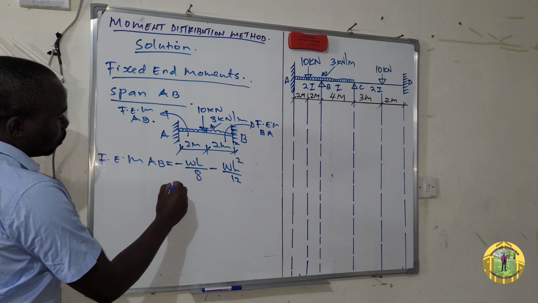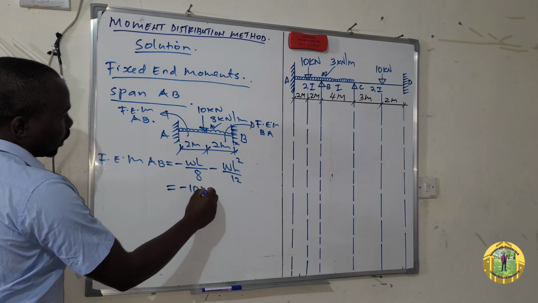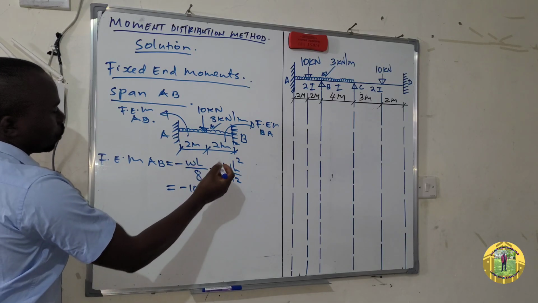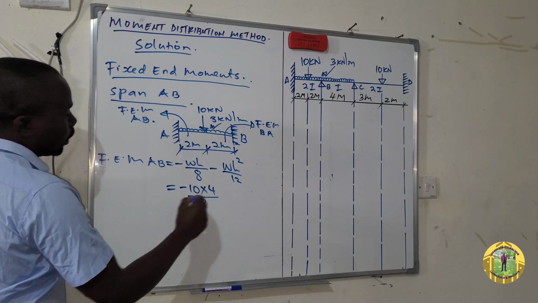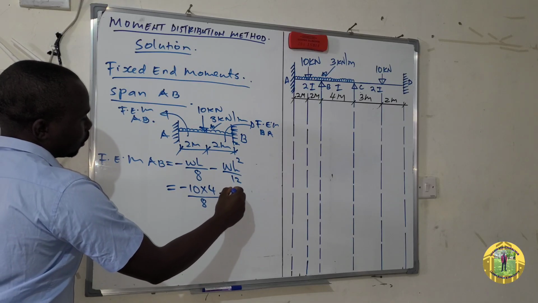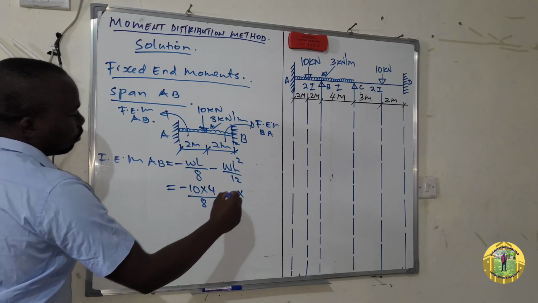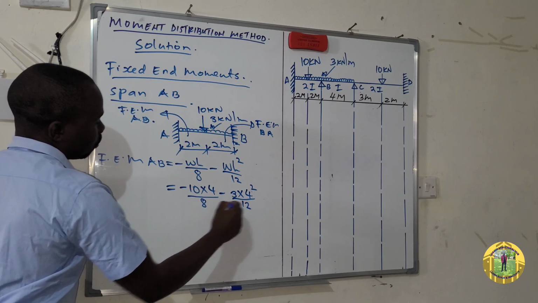So this is equal to minus 10 times L, which is 2 plus 2, that is 4, all over 8, then minus 3 times 4 square all over 12.